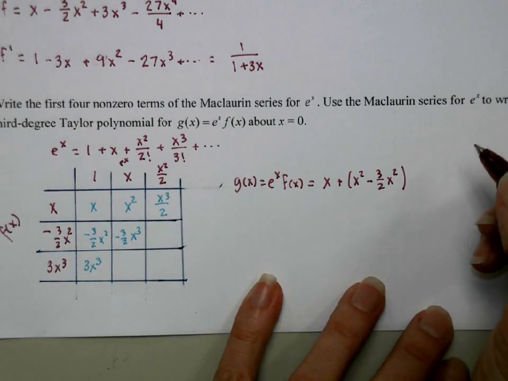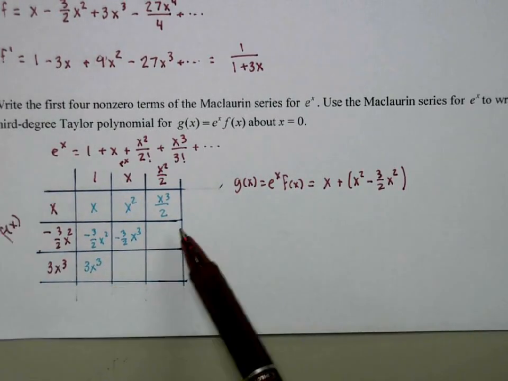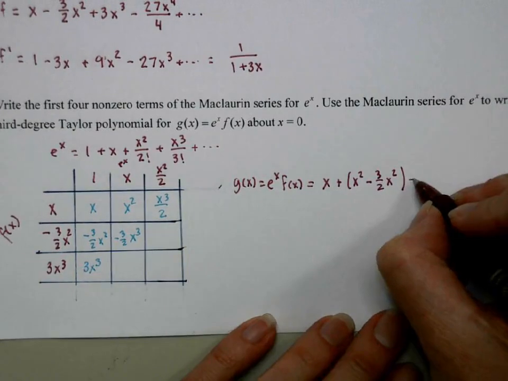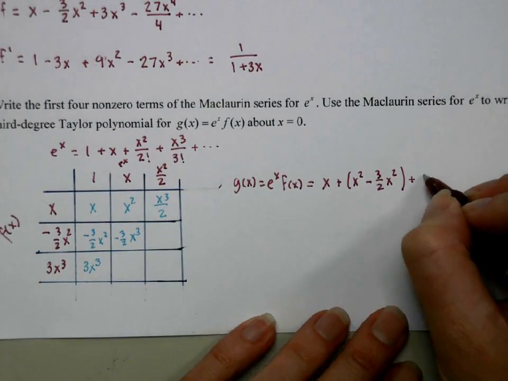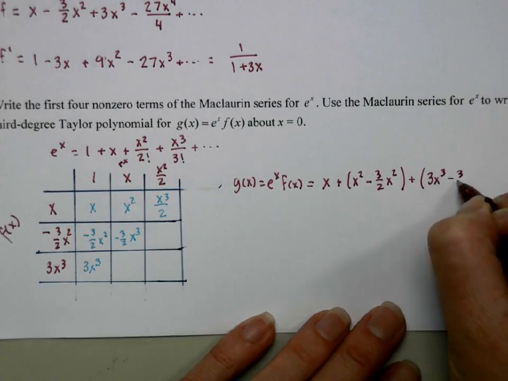Sorry, I guess I failed to mention that. We just want a third degree, which is why I needed to stop there. So then I've got 3x cubed minus 3 halves x cubed plus x cubed over 2.